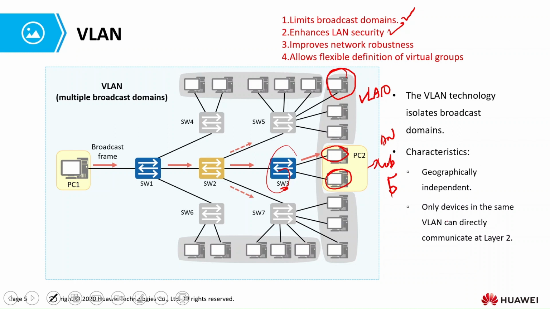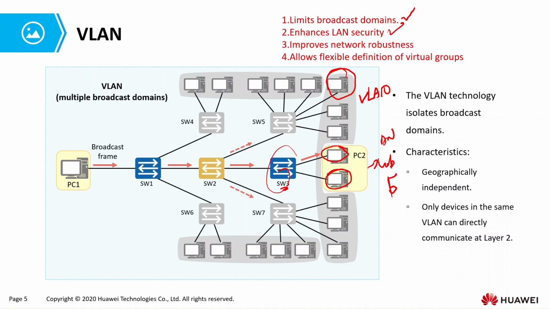And the last one, it allows flexible definition of virtual groups. You can partition, even PC 2 you can assign to another VLAN group, so it is flexible for you to assign. So now you briefly know why we need the virtual local area network, or VLAN. The next step, we are going to understand how it works.